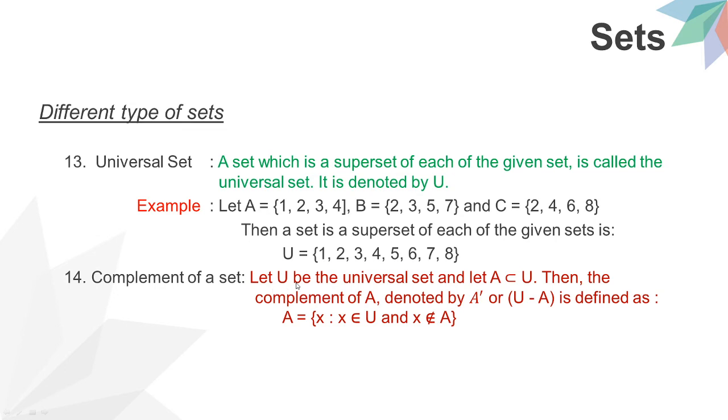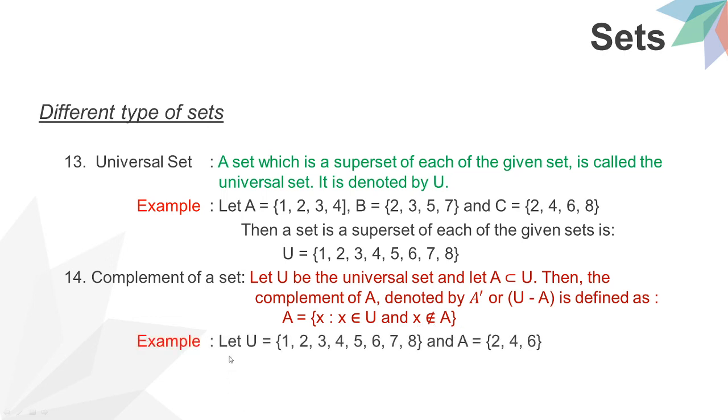Now let U be the universal set and let A be a proper set of U, then the complement of A, denoted by A complement (this dash is called complement), or U minus A, is defined as the set of X such that X belongs to U, universal set, and X does not belong to A.